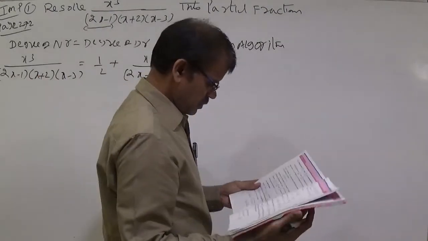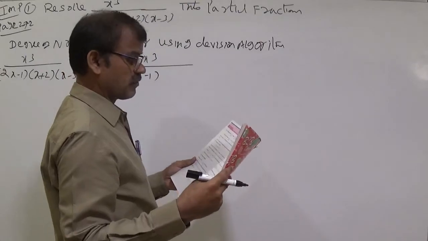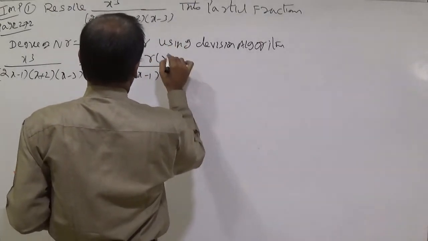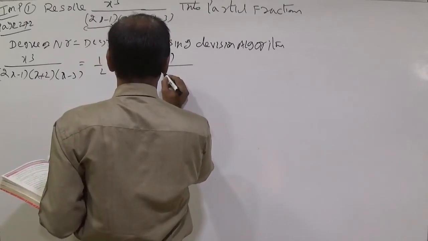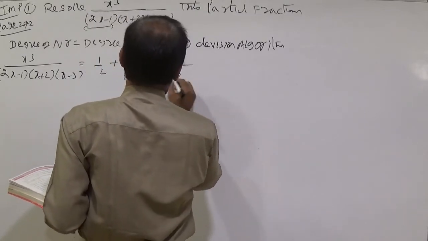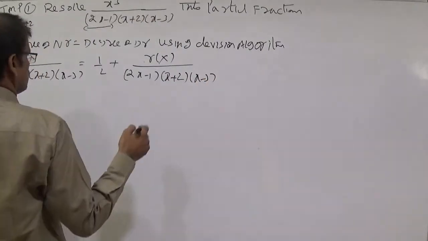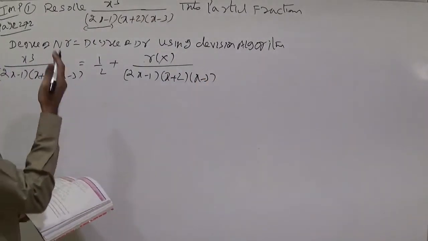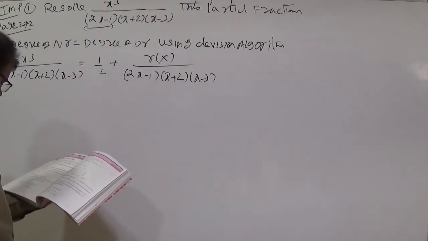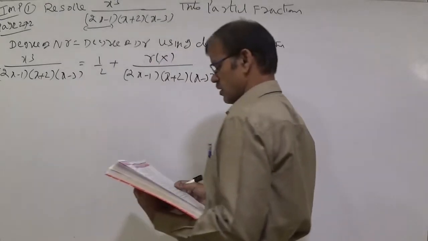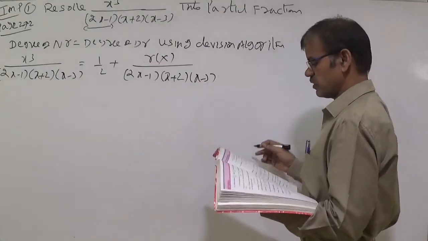So 1 by 2 plus R of x by 2x minus 1 into x plus 2 into x minus 3. Taking the LCM, we can write R of x by everything.